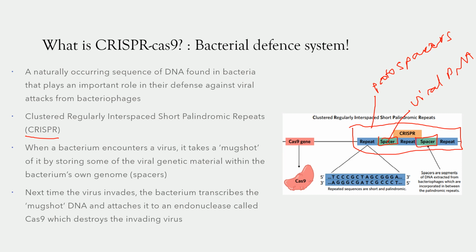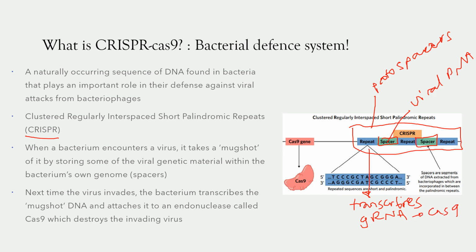So what happens when it is invaded again? The bacteria transcribes this region, just like normal transcription, into something called guide RNA, which we'll go through in a second. The guide RNA attaches to Cas9.